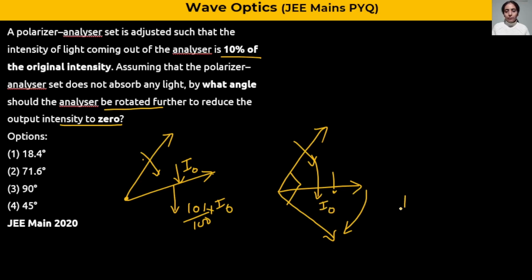So this I naught, which is polarized because it has already passed through one polaroid. So this must be polarized, right? You can use Malus's law. I naught cos square theta will be the value of intensity of light passing through second one. And if this has to be zero, what you will be saying, theta will be 90 degree. Then only this will be what? Zero.